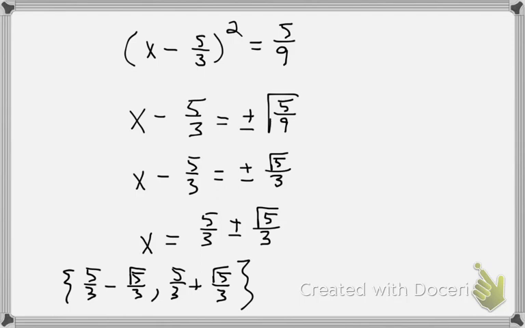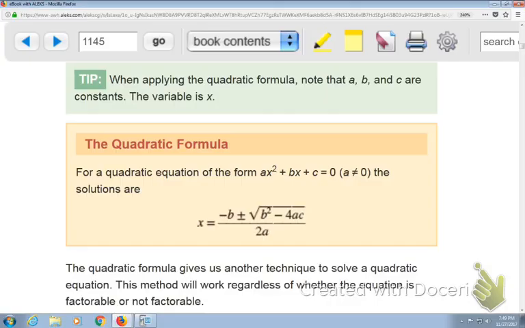Let's try another one. Again, just so we build our faith, 1/8 x squared plus x plus 5 halves set equal to 0. So once again, this is one we actually solved already using completing the square. Now we're going to solve it using the quadratic formula.